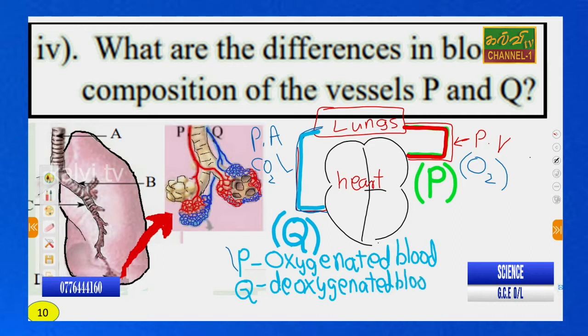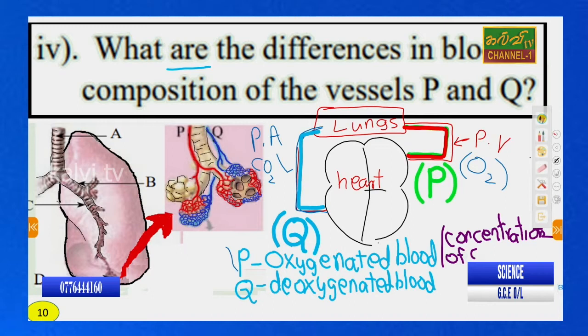This is the answer. But they are asking about the compositions, so we should write another answer also. Oxygenated blood means the concentration of oxygen is very high. So in P, the concentration of oxygen is very high.